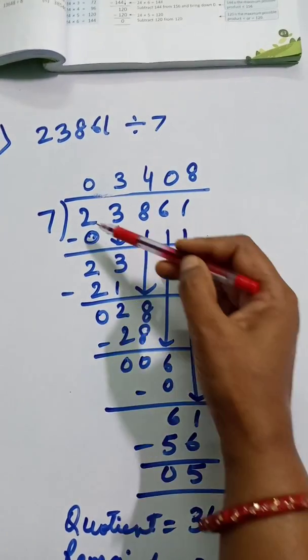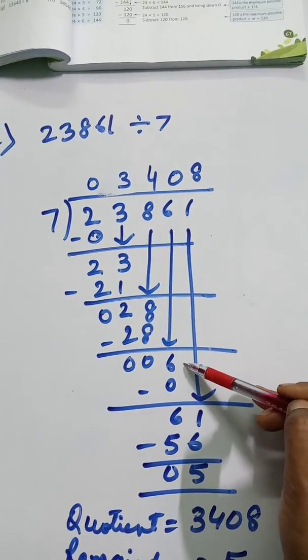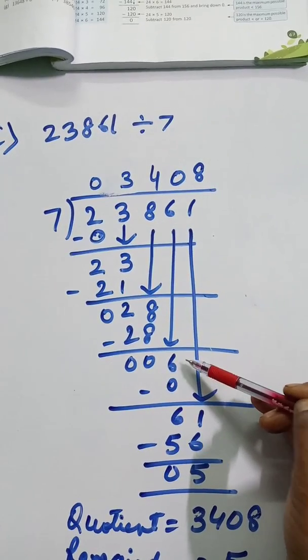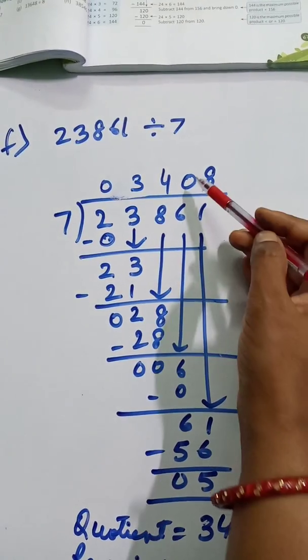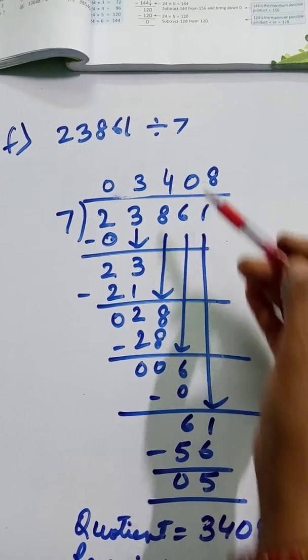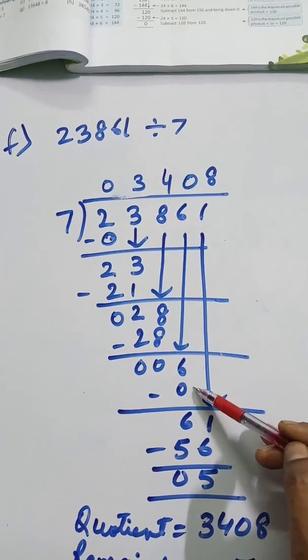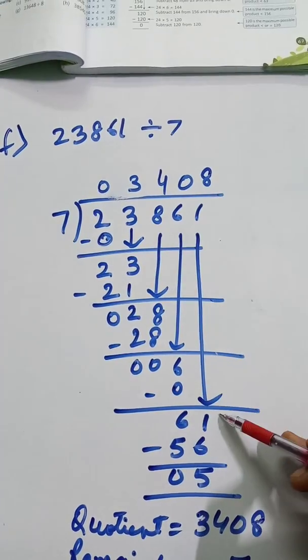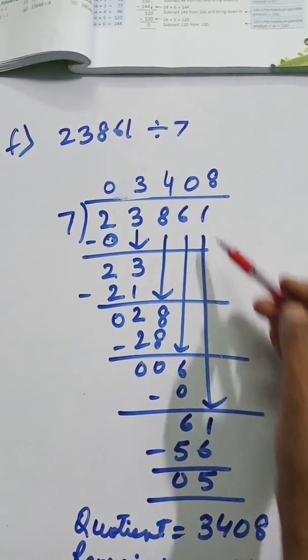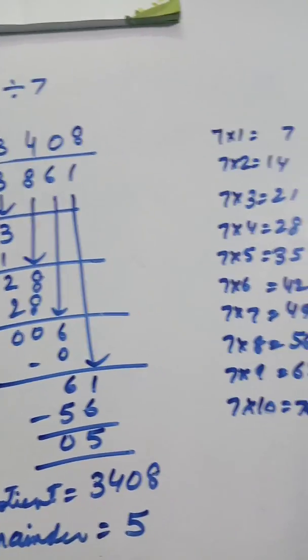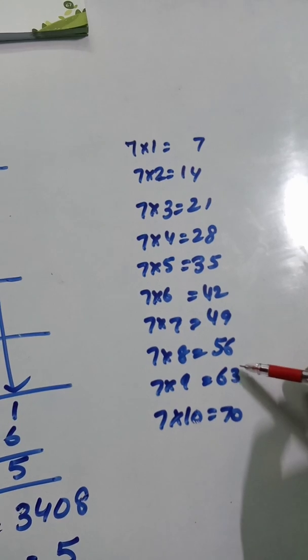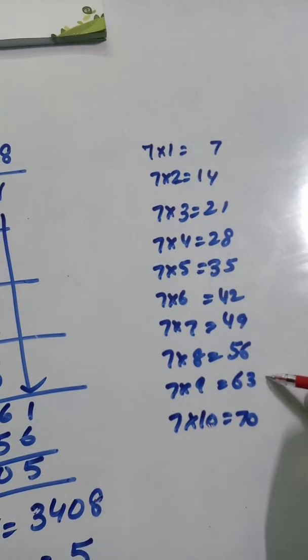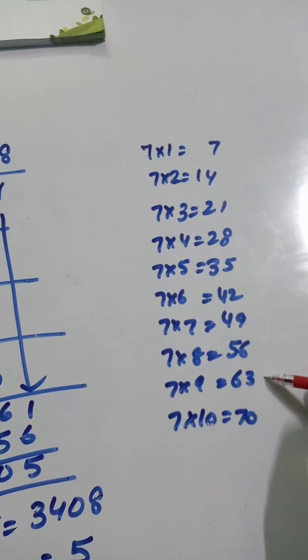Now you bring this digit 6. Now, children, in the table of 7, you have to get this 6. It's not possible because it is smaller than 7. So we will apply 0. 7 zeros are 0. 6 minus 0 is 6. Now bring this 1. 61. So 7 8s are 56 you will apply, because 7 9s are 63, which is more than 61.